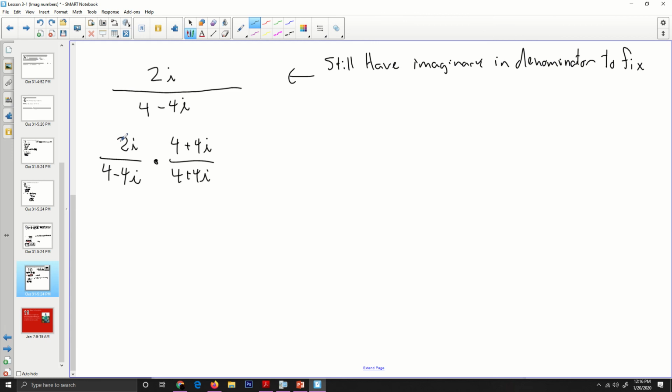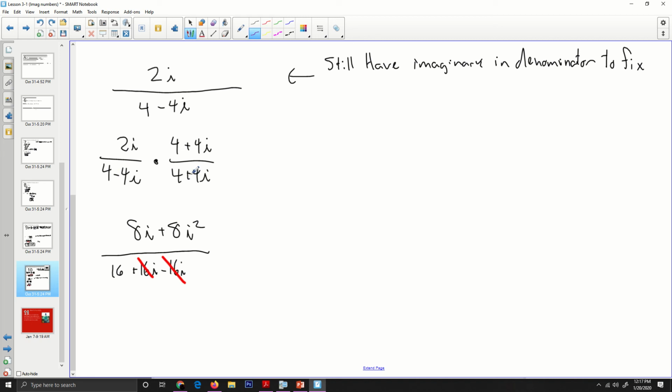And so on the top I can distribute, so let's do that. Let's go 8i plus 8i squared all over 4 times 4 is 16. 4 times positive 4i is 16i. Negative 4i times 4 is negative 16i. And again, here is the power of complex conjugates, because these two are going to cancel.